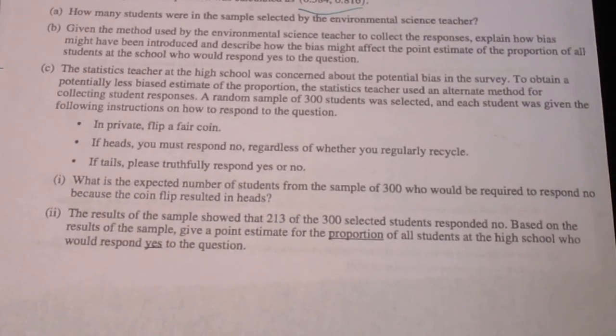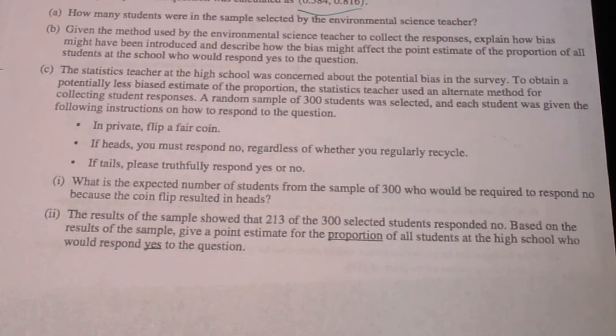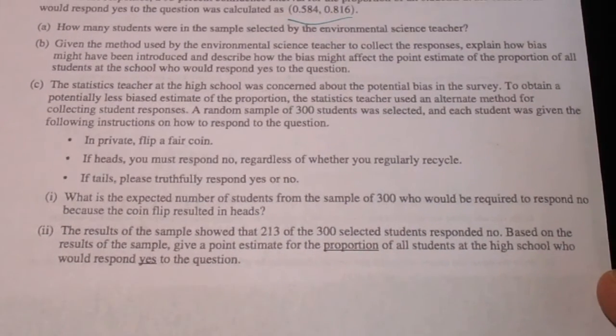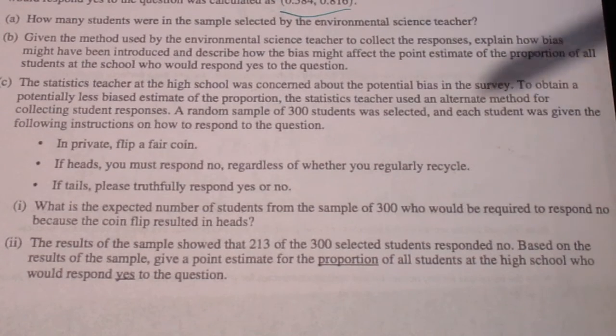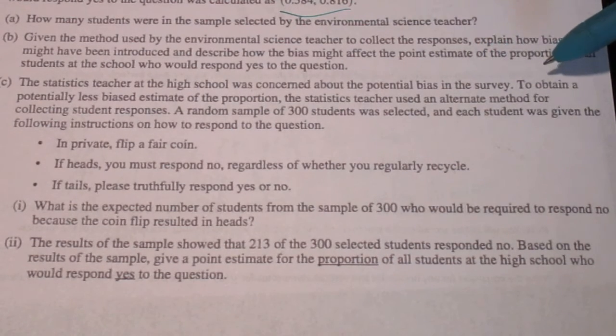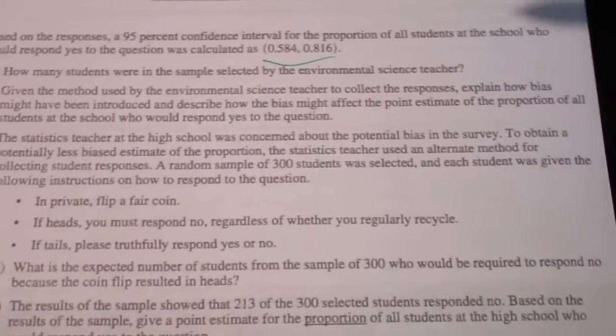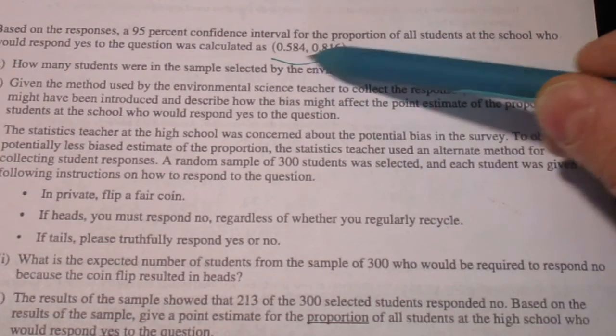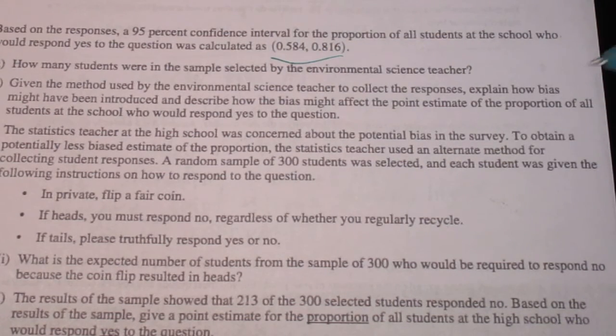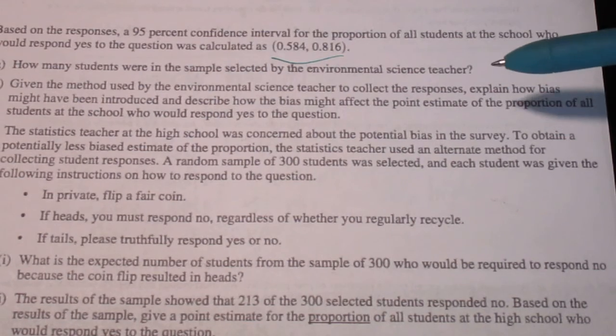Okay, part C. So, the statistics, and then here comes someone with just some really good sense to save the day. The statistics teacher was concerned about the bias. According to the science teacher's results, far more than 50% of the students said they regularly recycle plastic bottles.